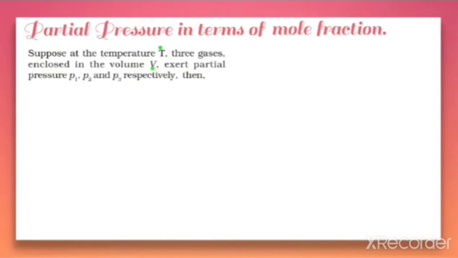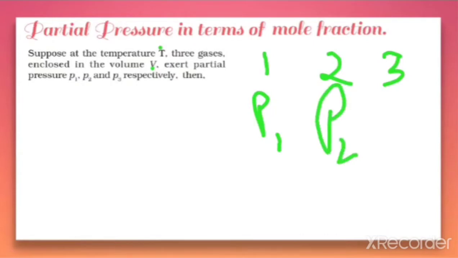That means gas 1, gas 2, gas 3 are taken in the volume V and the temperature T is fixed. At that time, the pressure exerted by the first gas is P1, let P2 be the partial pressure of gas 2 and P3 the partial pressure of gas 3.